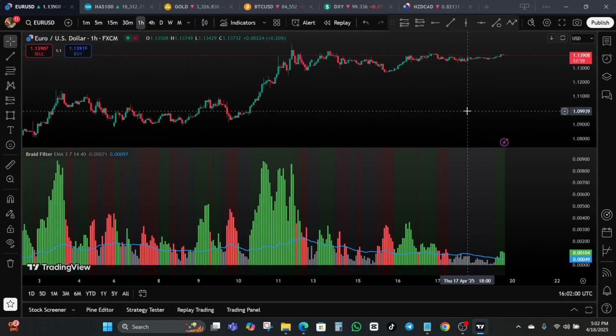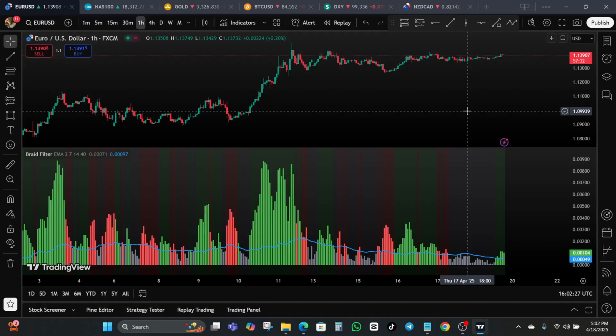Now, we need to understand what this indicator is, right? The Braid Filter Indicator is a dynamic tool that filters out false signals by combining multiple indicators in a way that reduces noise and highlights the most reliable setups. It's designed to provide information that can aid you with knowing good buy and sell price points.